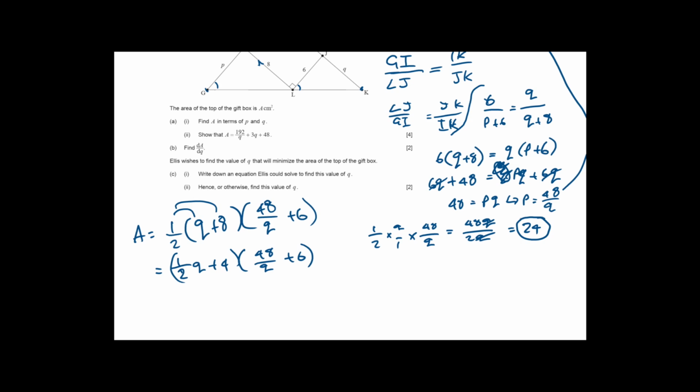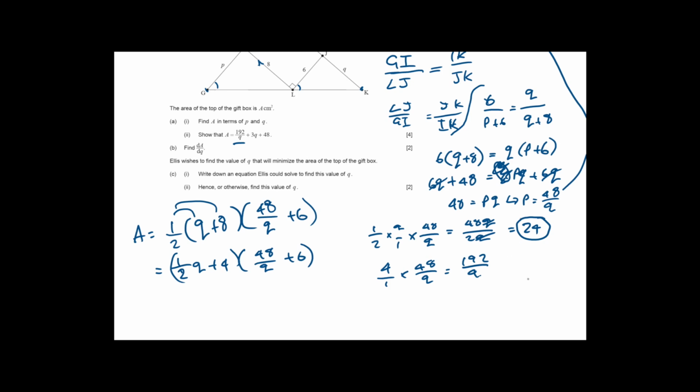Now we want 4 times 48 over Q. And 4 times 48 is 192 over Q, which is good because that's what we got there. So that's 2 of the terms.